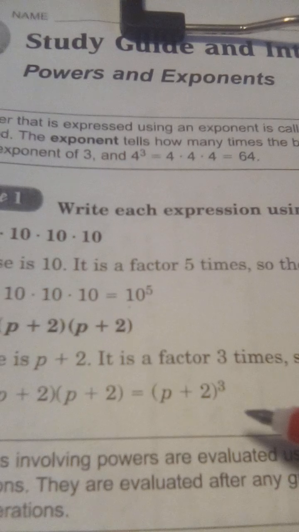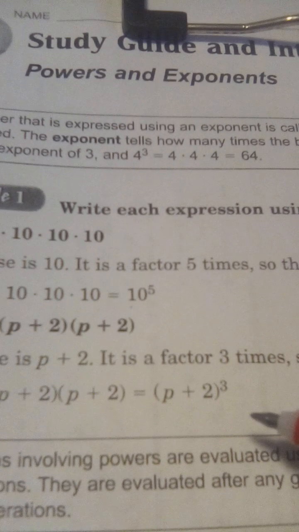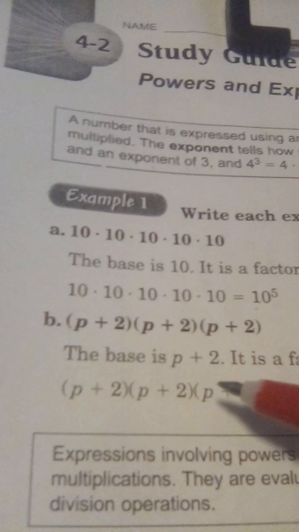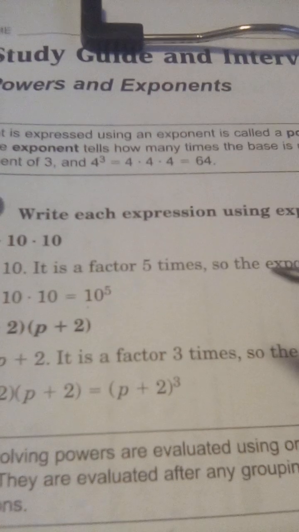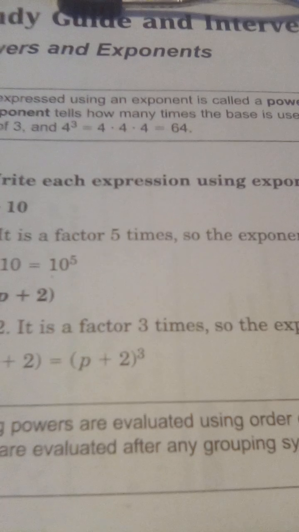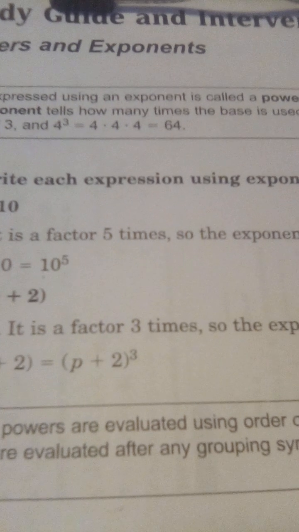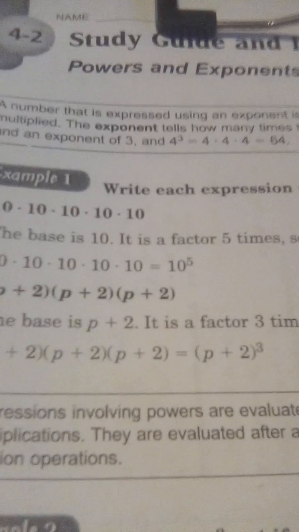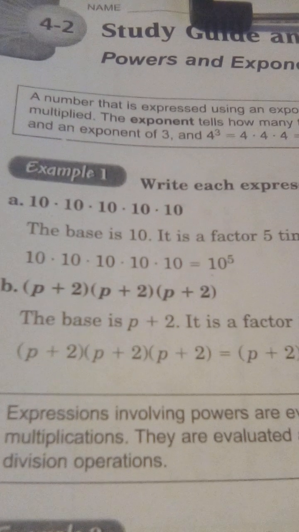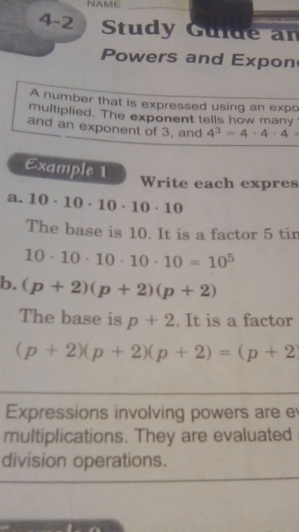So open parentheses, P plus 2, close parentheses to the 3rd power. So the base is P plus 2 and it is a factor 3 times, so the exponent is 3. That's what it looks like. Any questions on example B?